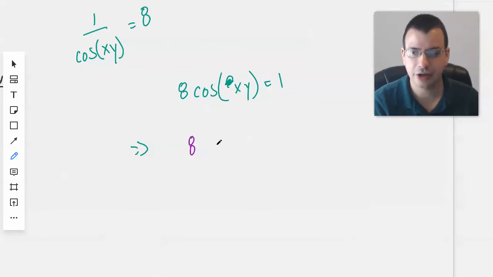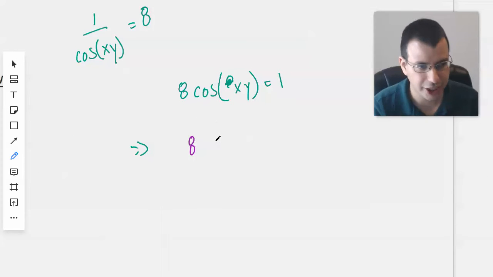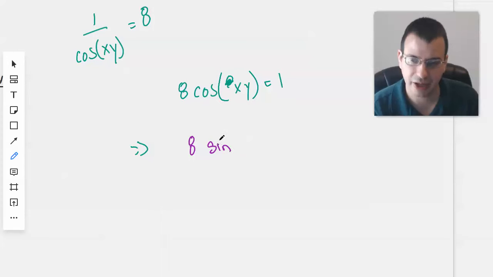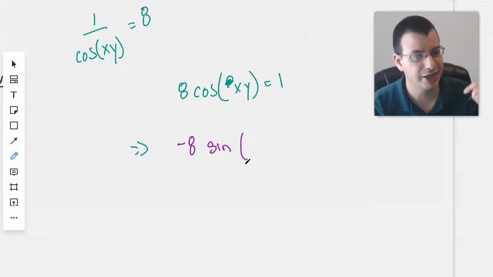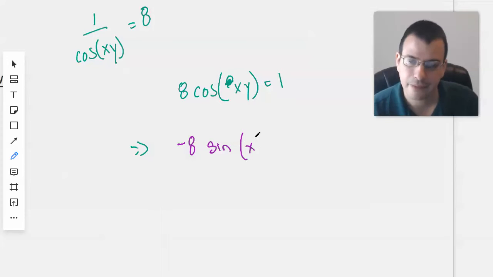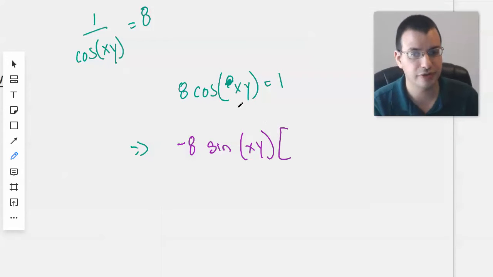Okay, so we'll take the derivative of cosine of xy, which will be negative sine of xy. The derivative of cosine is negative sine. Now we need to take the derivative of the interior, so the derivative of xy.